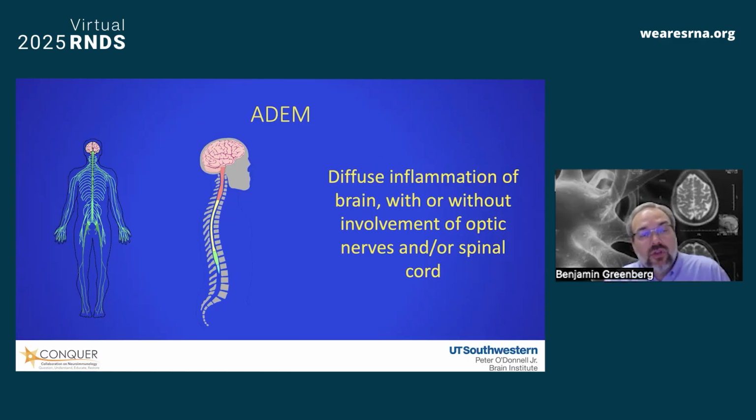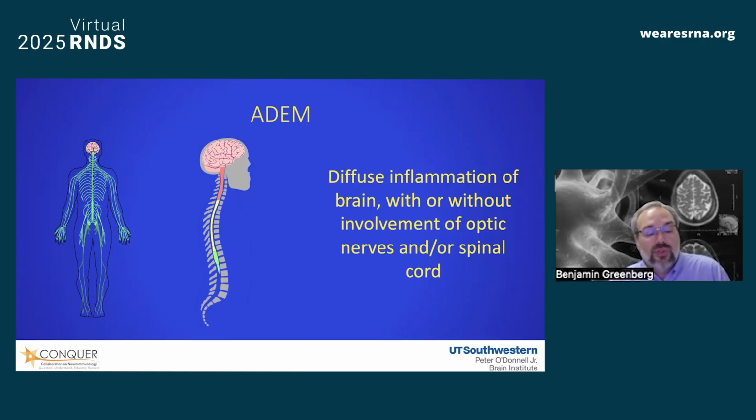Often we'll see patients, usually children, referred to our clinic with diffuse inflammation of the spinal cord being told they had ADEM. In order to make a diagnosis of ADEM, there has to be brain involvement, and there usually has to be evidence of symptomatic brain involvement. Sleepiness, confusion, seizures, something to show that the brain was affected by the immune system. And it's this brain inflammation that forms the anchor of the acute disseminated encephalomyelitis diagnosis.